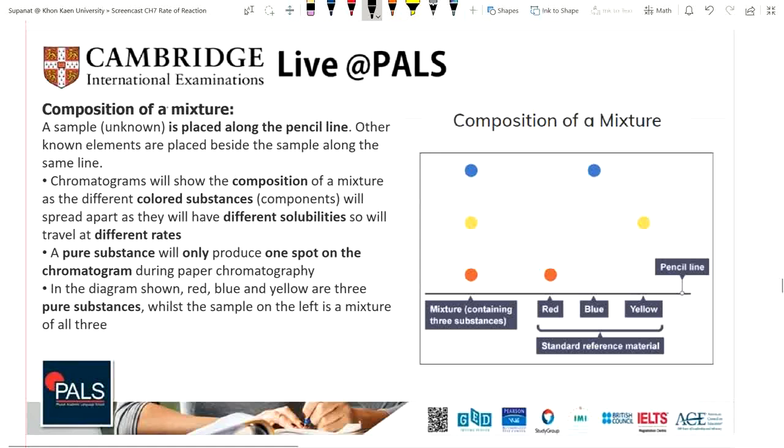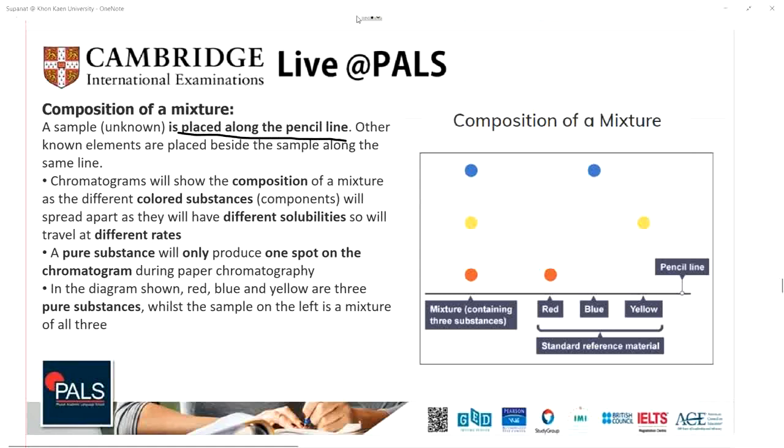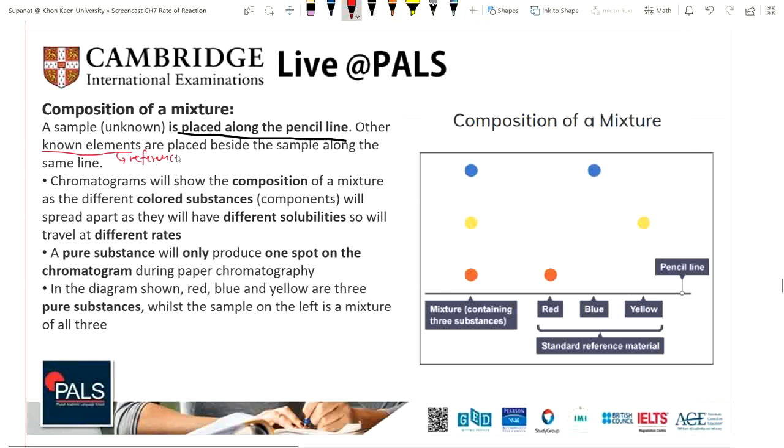A sample of the unknown is placed along the pencil line. This is the pencil line, okay? And the other known elements, we call the reference materials, are placed beside the sample along the same pencil line.